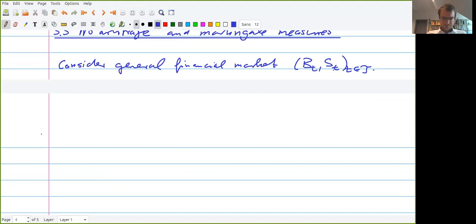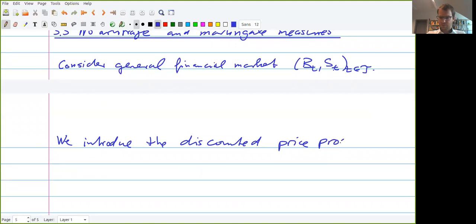And we introduce the discounted price process, which is labeled by S tilde. So these are d prices, and they're discounted by the risk-free asset.